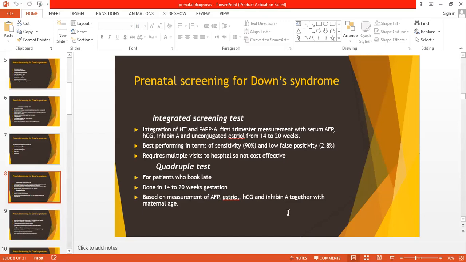So all of their levels are measured and the risk status is calculated. Some of these biochemical markers will be found raised, and some of them will be found decreased than normal.